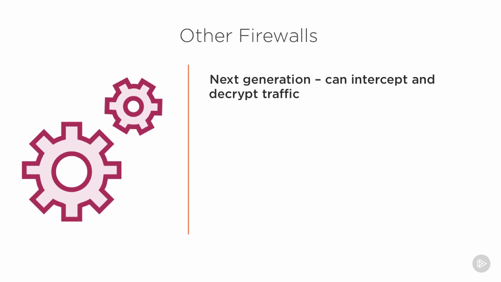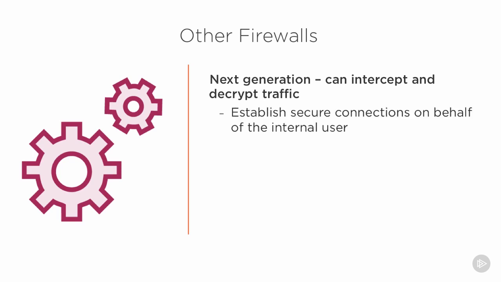Now, we can understand that this is going to cause a performance hit. And so many organizations that even use next generation firewalls don't actually use that capability. That also, of course, comes down to privacy and trust issues as well. What they will do then is establish those secure encrypted connections on behalf of the internal user.